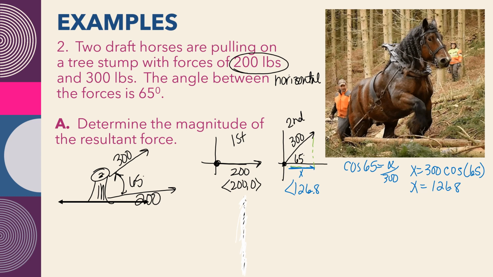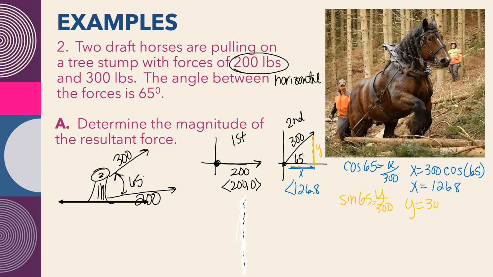Awesome, yay me. Now to get the vertical component, just like we did in the previous example, that's the opposite side of the angle over hypotenuse. So sine of 65 is y over 300. And then cross multiply.